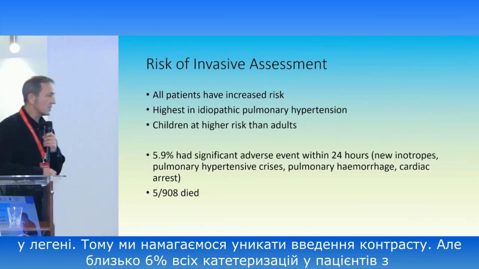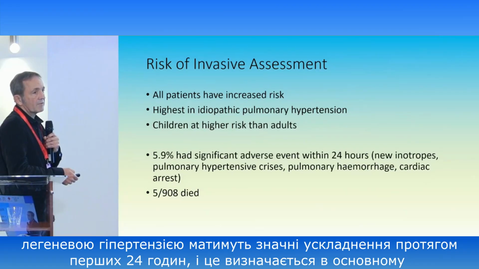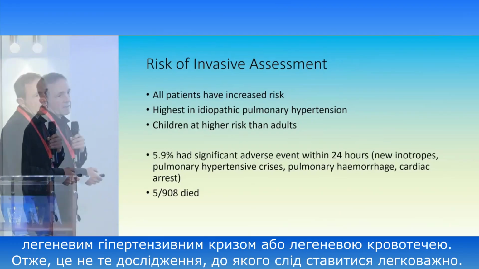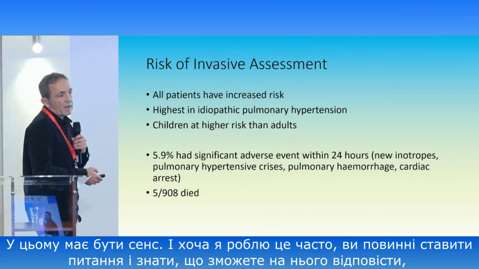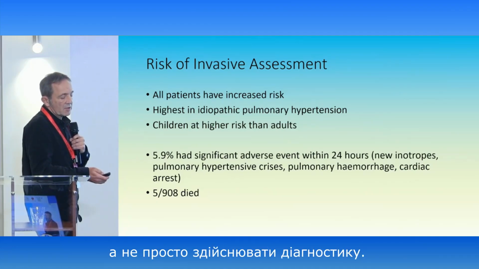But about 6% of all catheters on patients with pulmonary hypertension will have significant problems in the first 24 hours. And that's defined mainly by pulmonary hypertensive crisis or pulmonary hemorrhage. And so it's not an investigation to be undertaken lightly. There's got to be a point to it. And although I do it frequently, you have to be asking a question and know you're able to answer it rather than just checking.